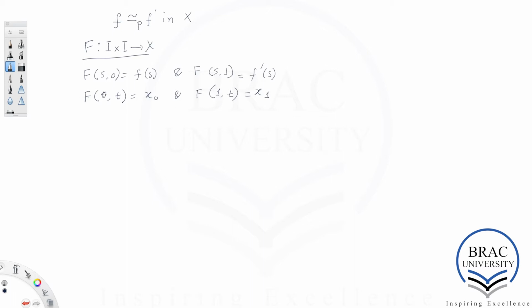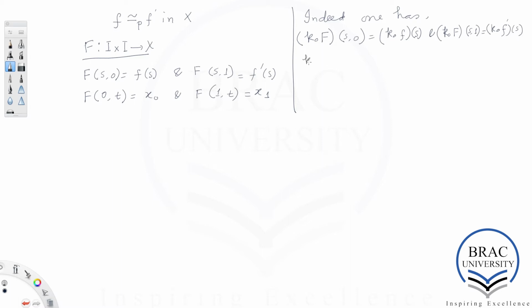Indeed, one has k composed with big F at s comma 0, just composition of k on both sides will lead us to k composed with small f evaluated at s on the right side, and k composed with F evaluated at s comma 1 is k composed with f prime evaluated at small s.